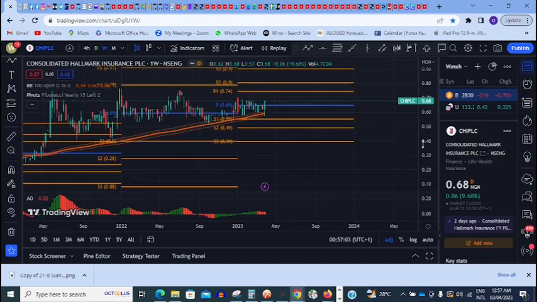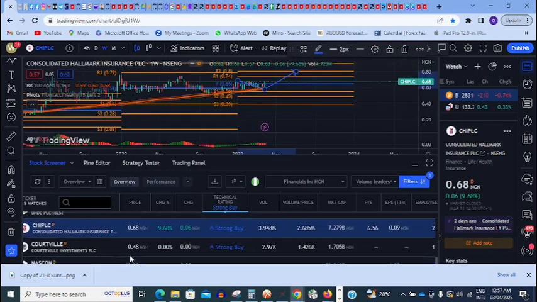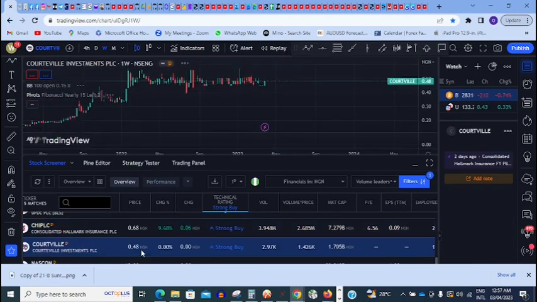Let's see that the market might form something like this. Can take it to 82 kobo for your profit target.